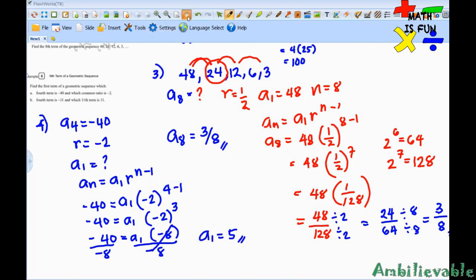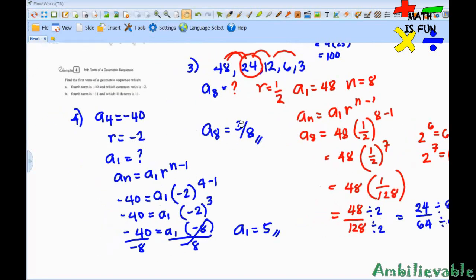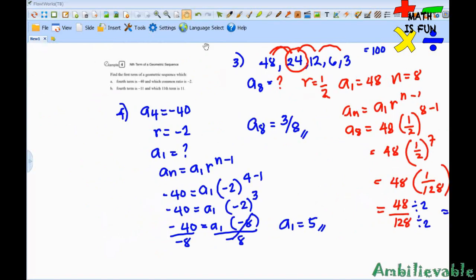And we have also letter B. The fourth term is -11 and the 11th term is 11.